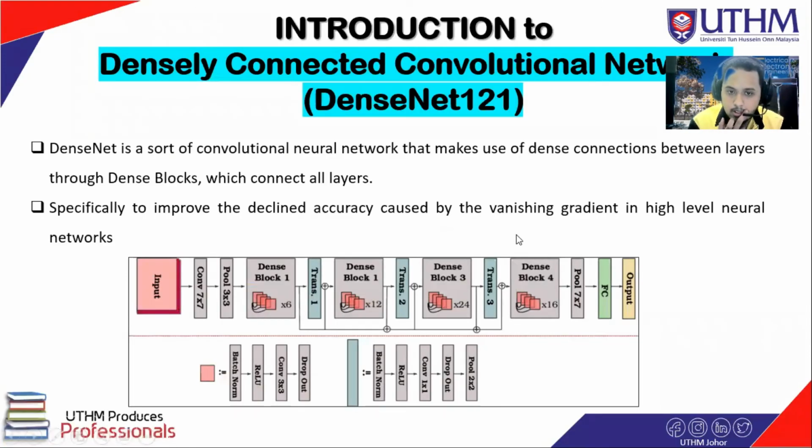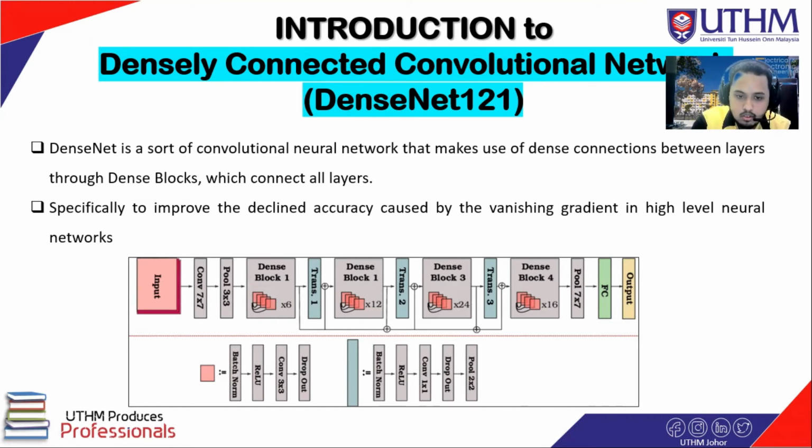Okay, so I will introduce the densely connected convolutional network, or DenseNet 121. DenseNet is a sort of convolutional neural network that makes use of dense connections between layers through dense blocks, which connect all layers, specifically to improve the accuracy degradation caused by the vanishing gradient in deep neural networks.